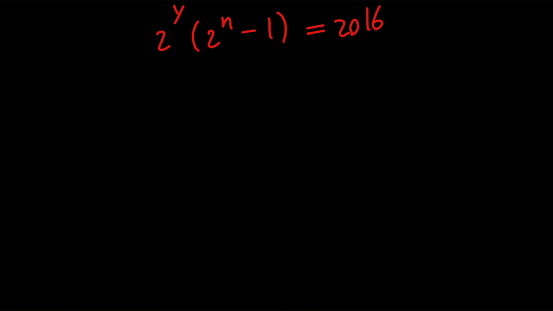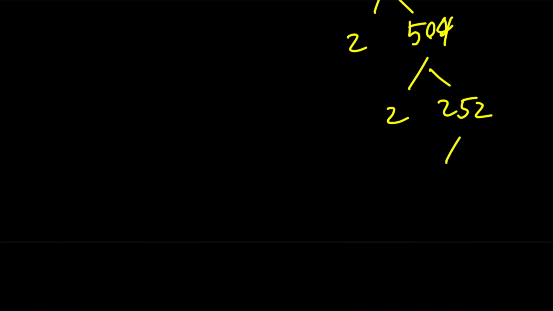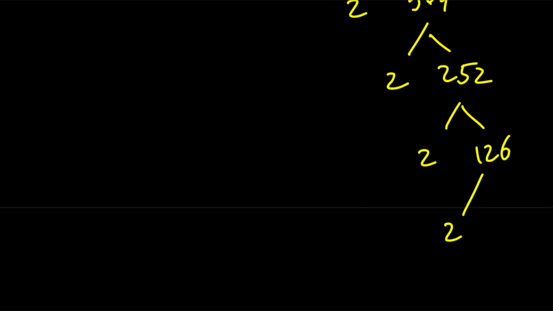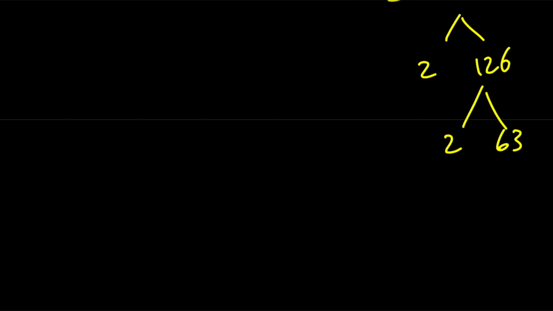Awesome. Next, let's factor 2016. So 2016 is 2 times 1008. 1008 is 2 times 504. 504 is 2 times 252. 252 is 2 times 126. 126 is 2 times 63. And 63 is 9 times 7, which is the same thing as 3 squared times 7.